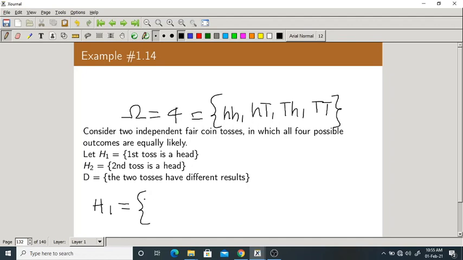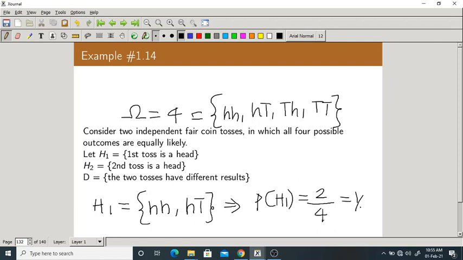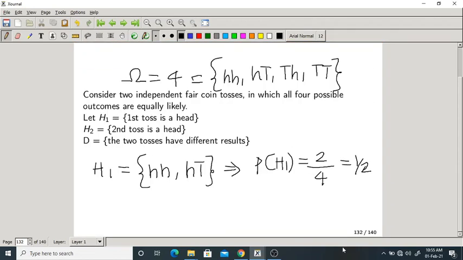First toss is head means what are the possibilities? First is head, second may also be head. If first is head, second may be tail. What is the probability of H1? The number of elements in H1, that is 2, by the total possible outcomes 4, that is 1 by 2. Now H2, the second toss is head. Second is head, first may be head. If second is head, first may be tail.